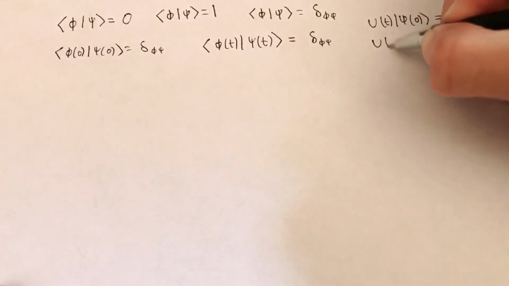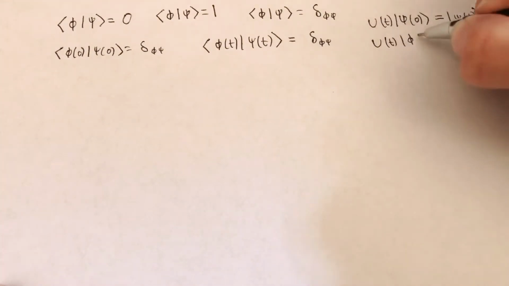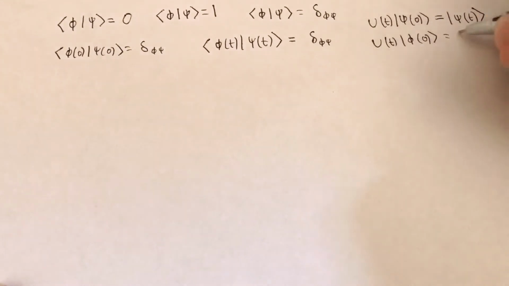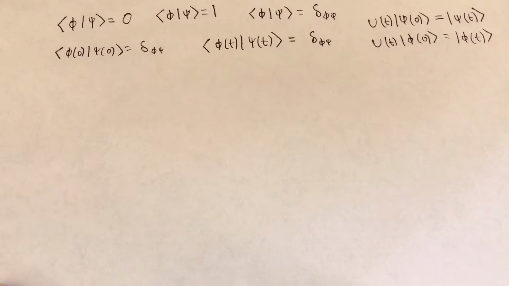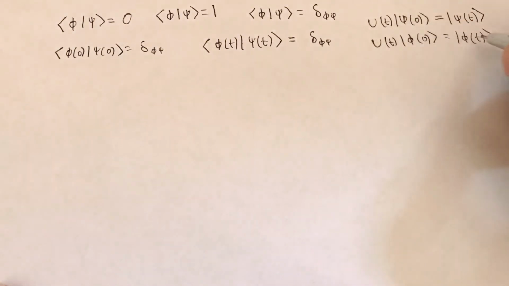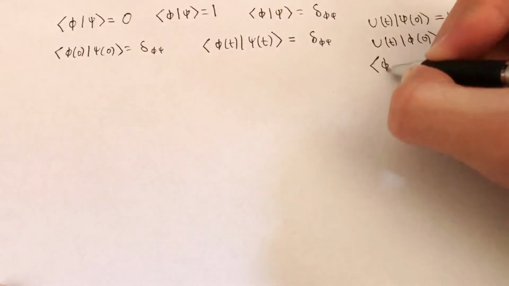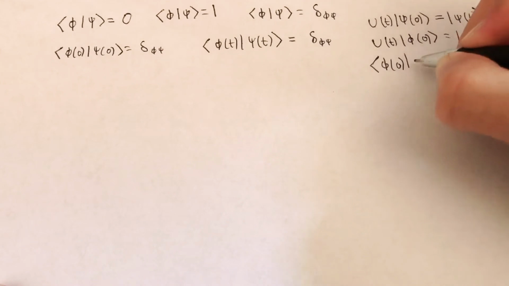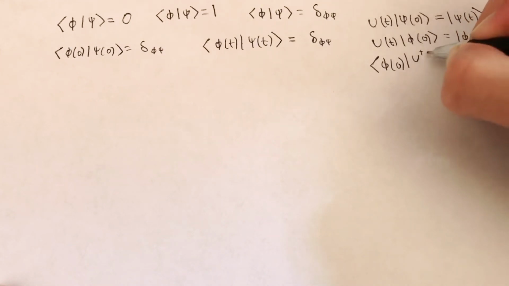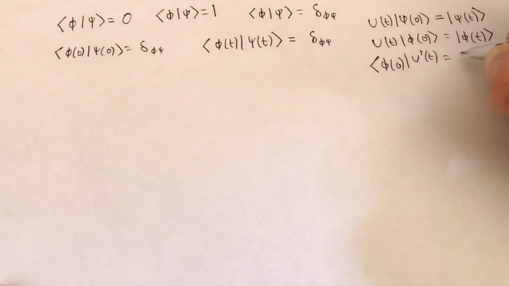The same thing will apply to the state phi. If we take the Hermitian conjugate of this equation, we find that phi of 0 with the Hermitian conjugate of U is equal to the bra version of phi of t.